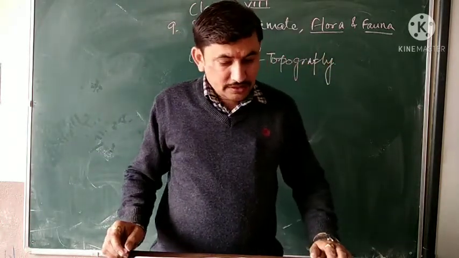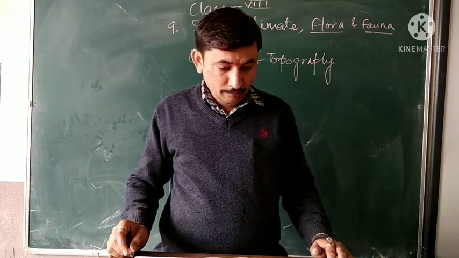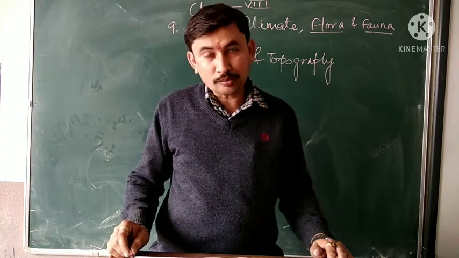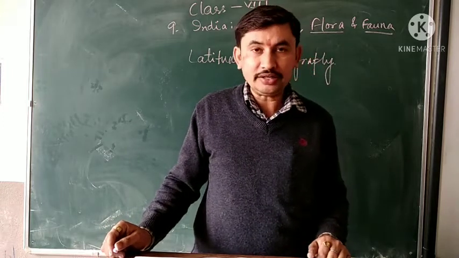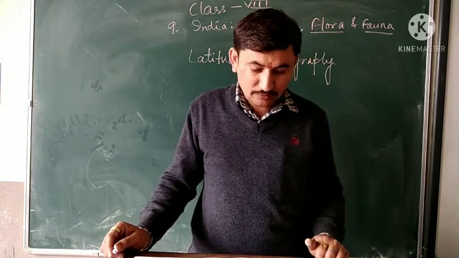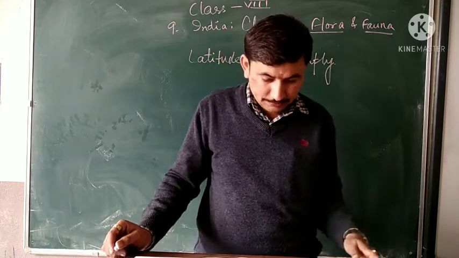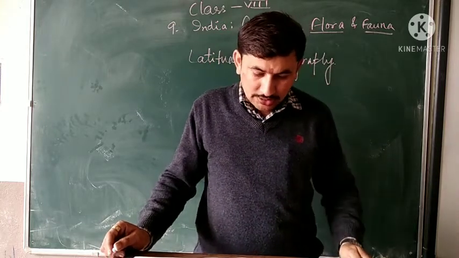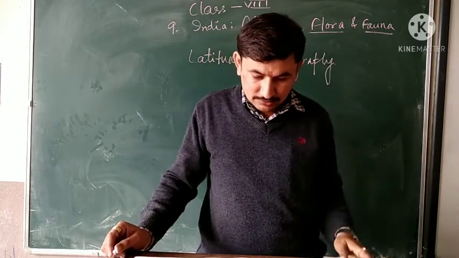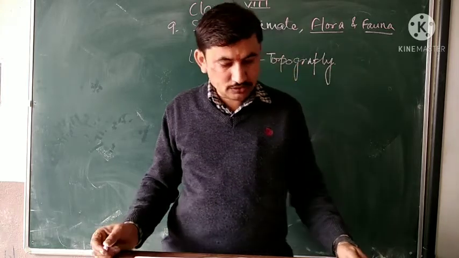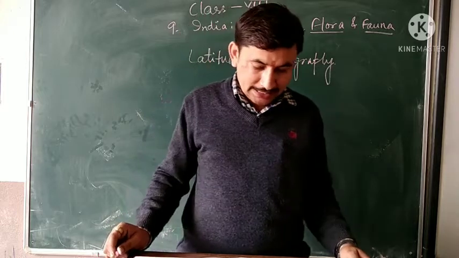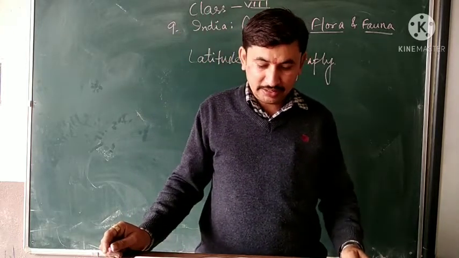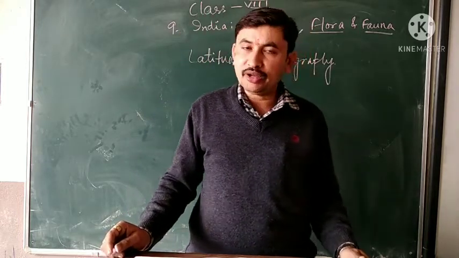The Tropic of Cancer divides India into temperate or subtropical north and tropical south. Thus, northern India experiences the continental or extreme type of climate, the effect of the continent, and the south experiences moderate climatic conditions. The southern peninsula experiences moderate temperature, not very hot, not very cold, as it is enclosed on three sides by the Arabian Sea, Indian Ocean and Bay of Bengal.